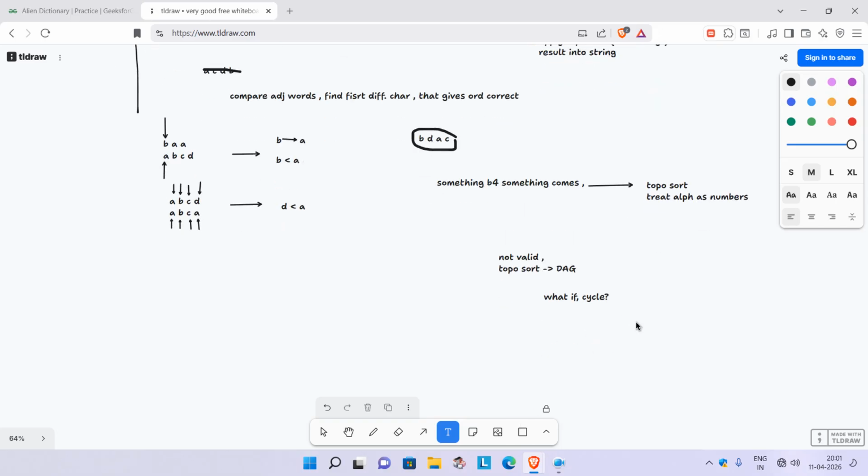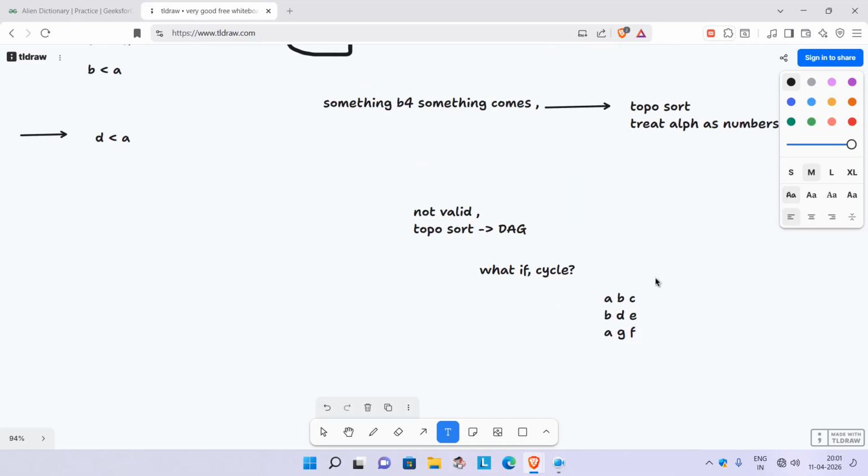How is the cycle formed? Let's say the words given are A, then B, as C. After it we see B, then C, then D. Let's say D and E. After it we see E, then G, then F. Now we see one thing: this is not possible. Why is it not possible?